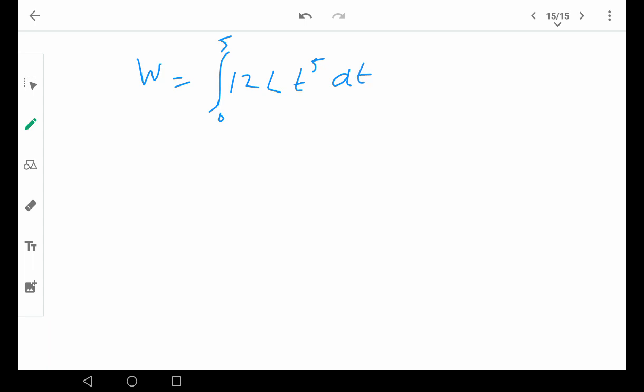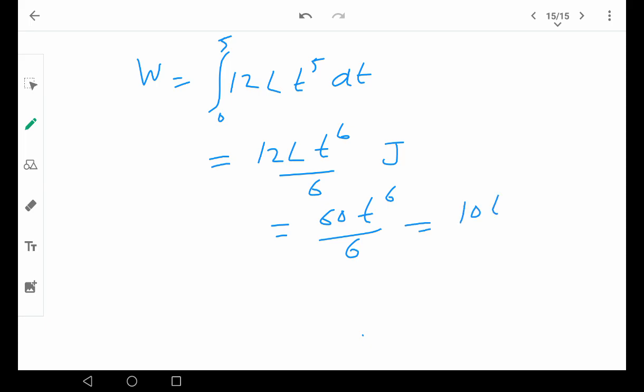That will be 12L t raised to 6 by 6 joules. L is 5, so that is 60 t raised to 6 by 6, equal to 10 t raised to 6 in the interval 0 to 5.